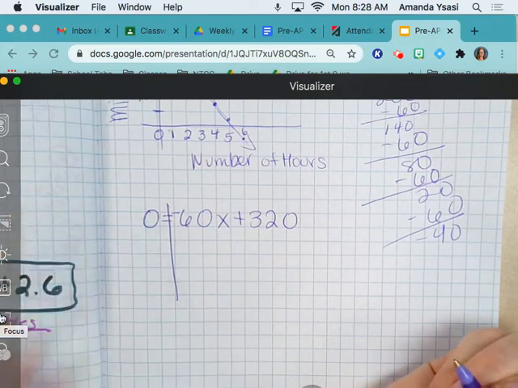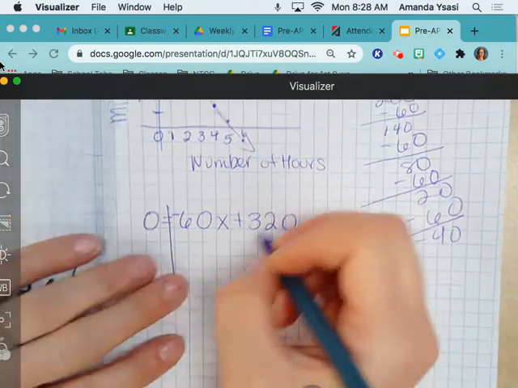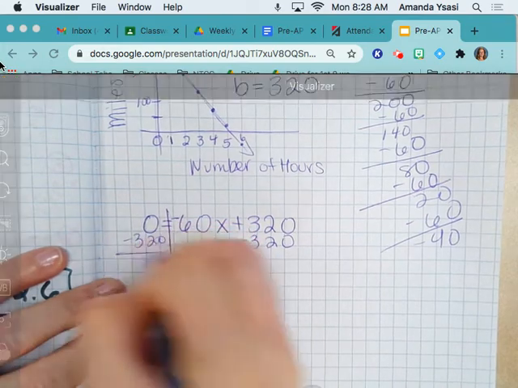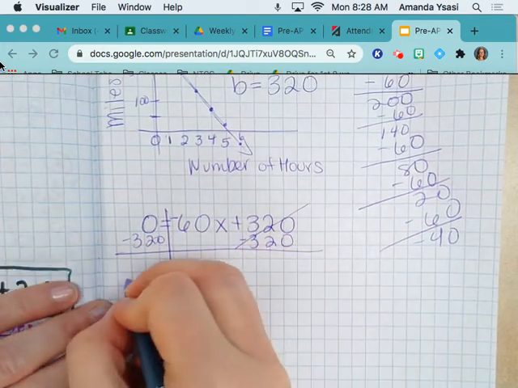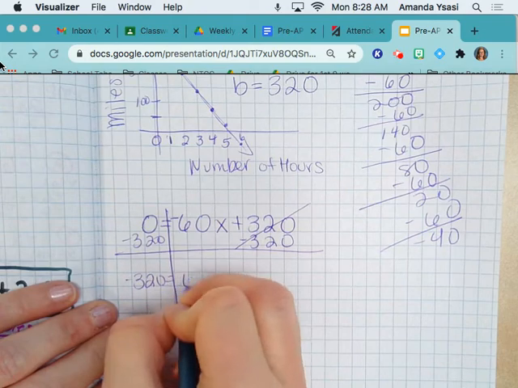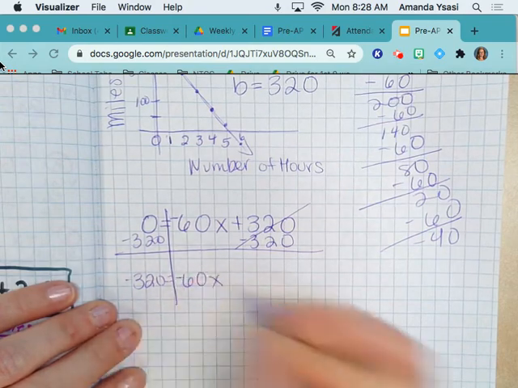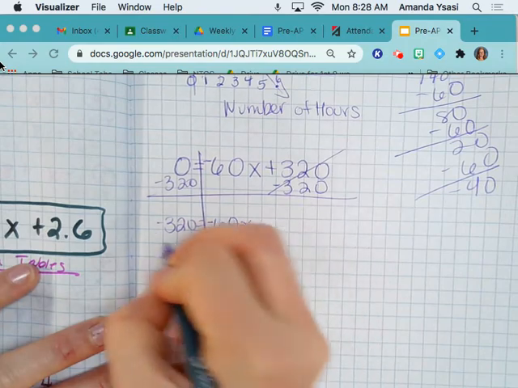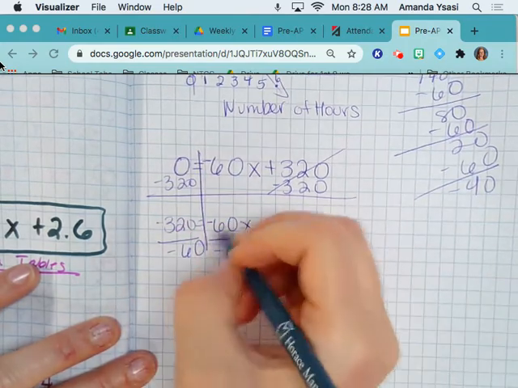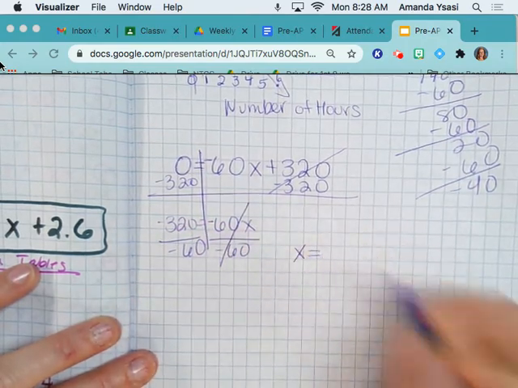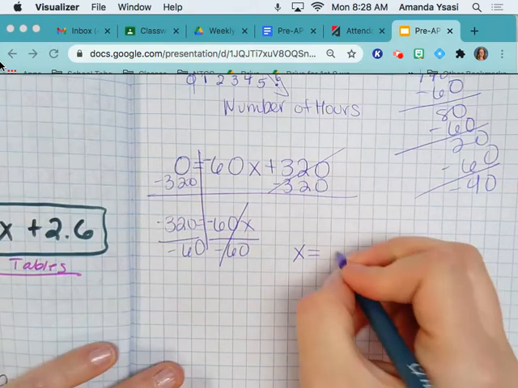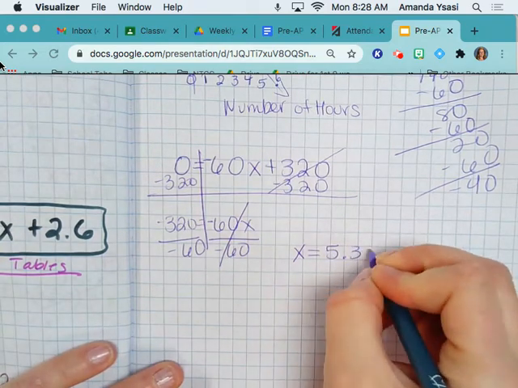We have to move the 320 to the other side, so minus 320. Negative 320 equals negative 60x. And then divide by the negative 60. That gives 5.3 repeating.